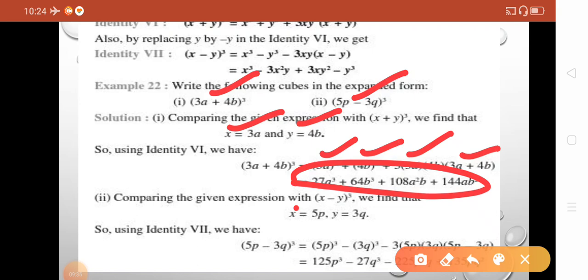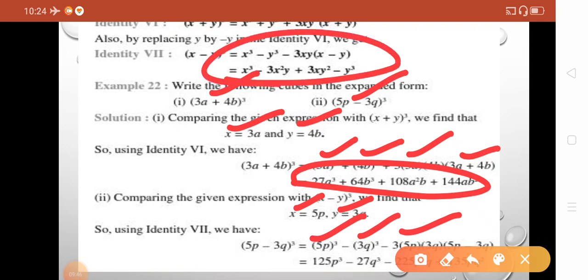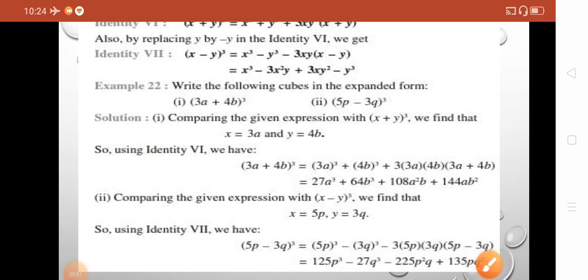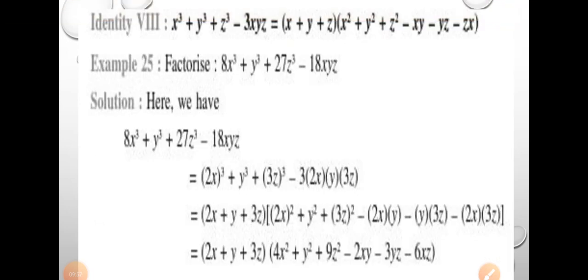So the value of x is 5p, the value of y is 3q. (x minus y) cube is x cube minus y cube minus 3xy(x minus y). You will use this formula here and we will open the identity. In this way we will use our identities to open the expressions directly.